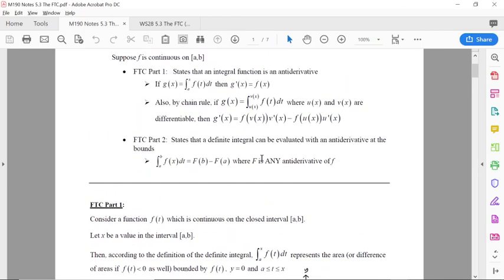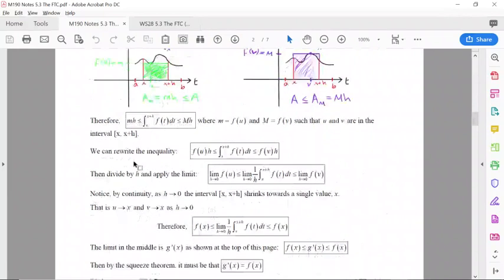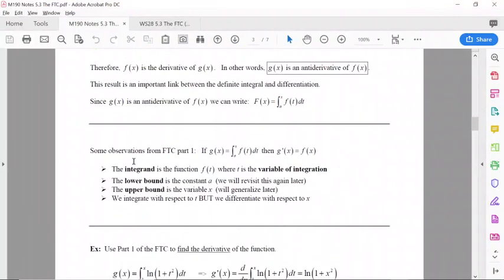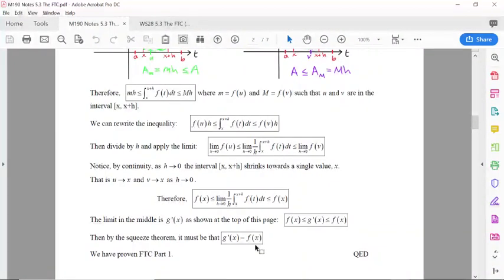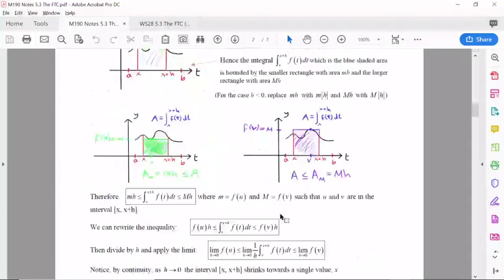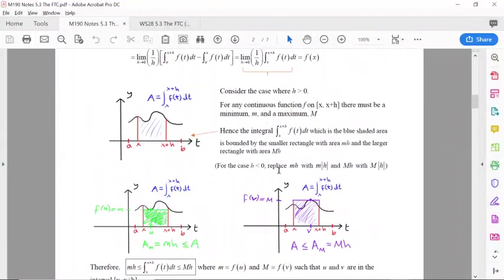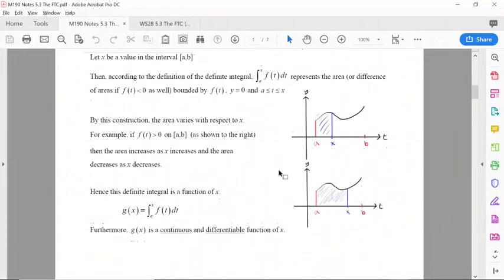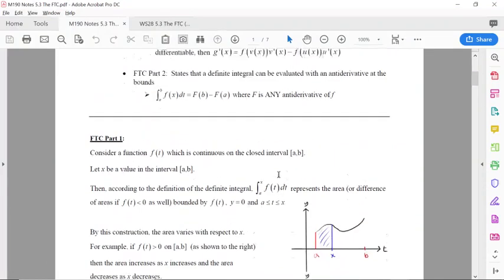That's the fundamental theorem of calculus part 1, stated here symbolically. The derivative of this integral with respect to x, where x is the upper bound, is f of x. So again, that states conclusively that the output of an integral function is an antiderivative of the integrand.